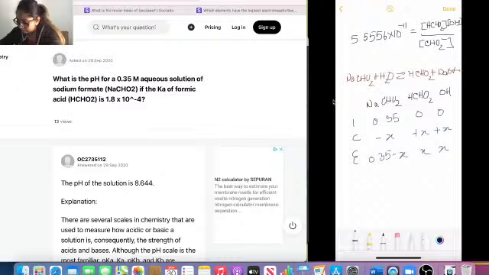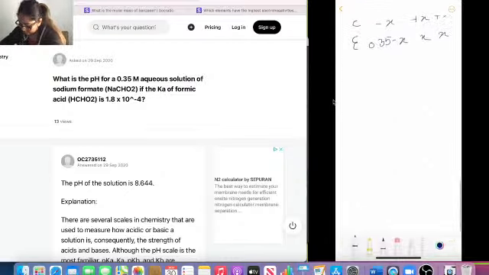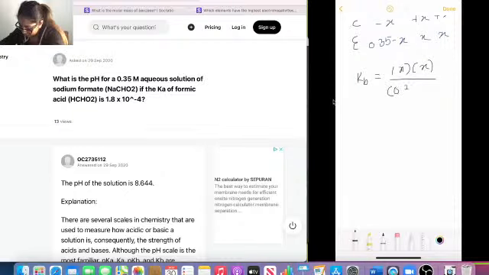And then what we can do here is rewrite the Kb equation and say Kb is equal to your products, which in this case is x times x, over 0.35 minus x.